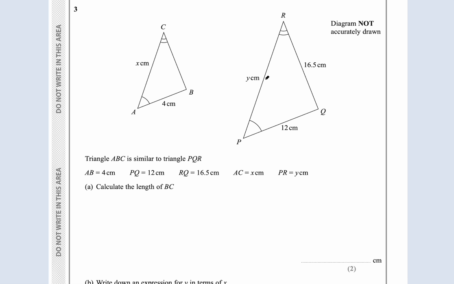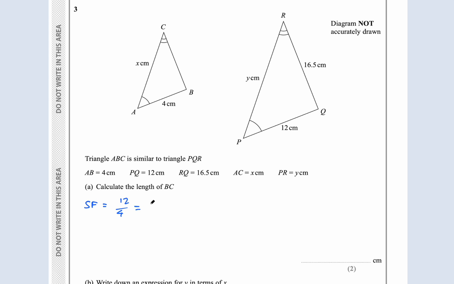These triangles are similar. AB is 4, PQ is 12, QR is 16.5. This is x, this is y. Calculate the length of BC. So if they're similar, I want to get a scale factor. So the scale factor is 12 over 4, because I can pick any two corresponding sides. This side is 3 times bigger than this side.